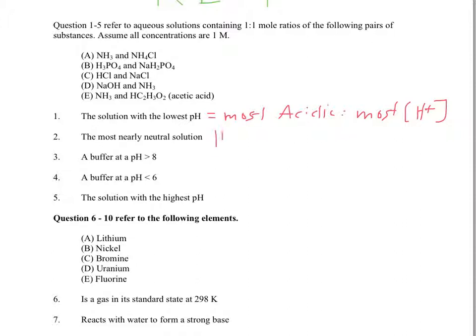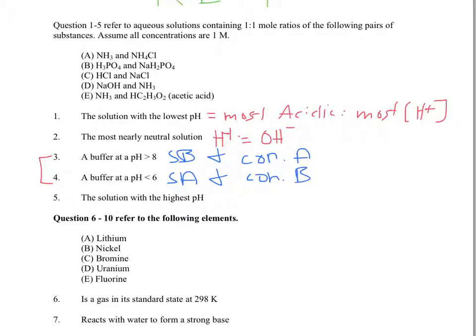So you're looking at H+ equal to OH-. Now, 3 and 4 you guys don't really understand. But a buffer of a pH greater than 8, you're going to be dealing with a strong base and the conjugate acid. And a buffer of a pH less than 6, you're going to be dealing with a strong acid and a conjugate base.